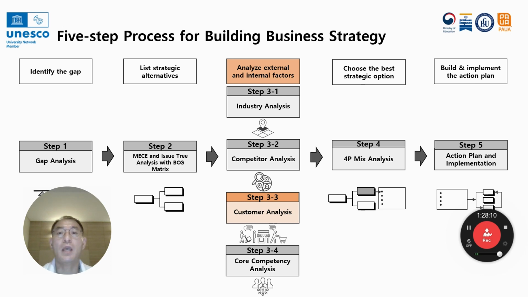In a later class, I may provide another way of looking at external factors, that is, opportunities or threats to us. So we may divide the external factors into two groups. One is good factors for us, that is opportunities, and then bad factors for us, that's threats. And then we also divide internal factors into two groups.